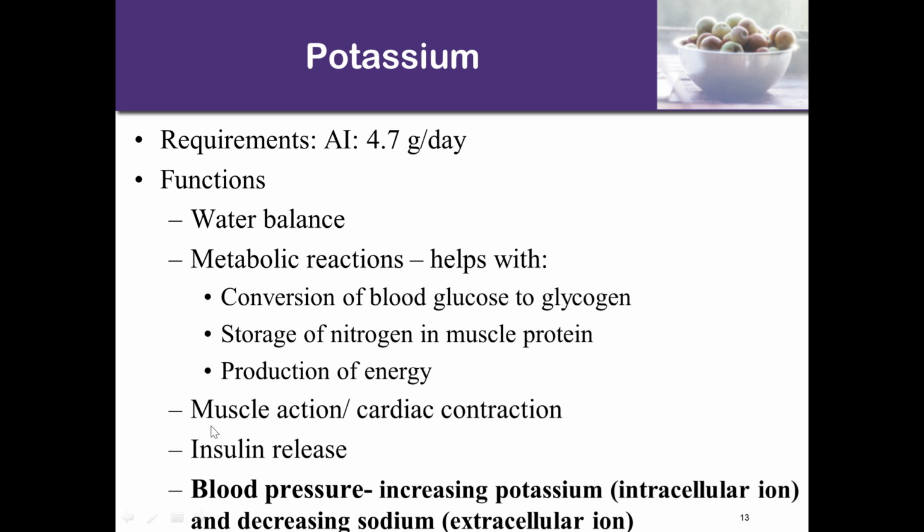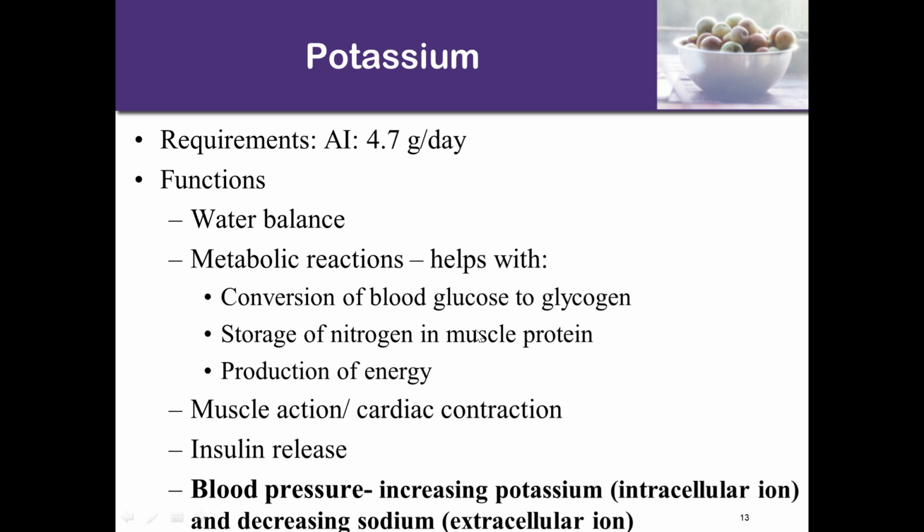Production of energy is a major role of potassium, right? Because ATP, GTP, these are all made up of triphosphate. So it helps in production of energy, muscle action, cardiac contraction, insulin release and blood pressure.